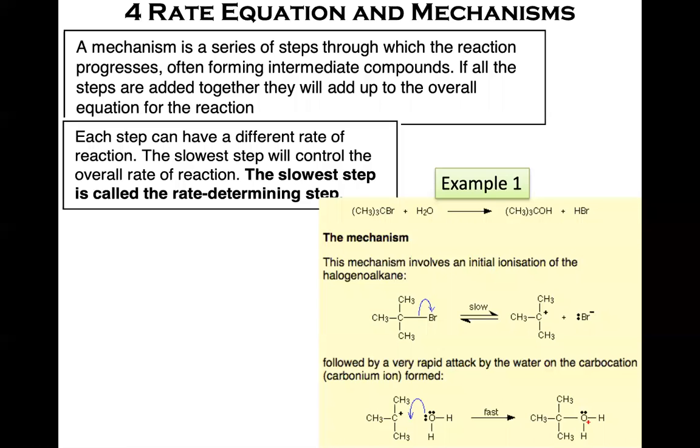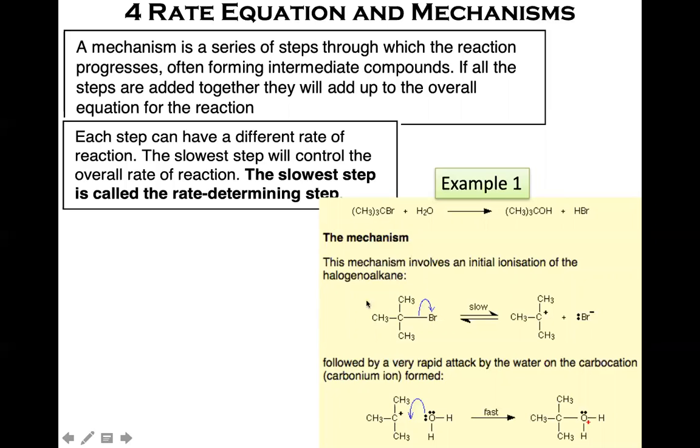This is a reaction that you have seen already in AS. This is your SN1 nucleophilic substitution. It's halogenoalkane, your organic chemistry. So let's just look at the definition first. A mechanism is a series of steps through which the reaction progresses, often forming intermediate compounds.